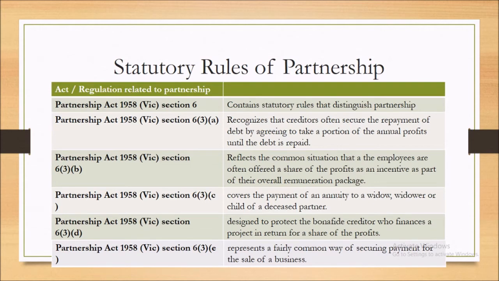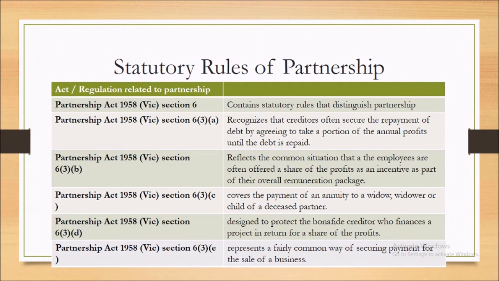So in that case, whatever proportions they have agreed in the partnership contract, they have to follow it until the debt is repaid, even though they have earned more profits. They have to keep providing that proportion for debt repayment in their partnership to pay over the liabilities to their creditors. That is governed by Section 6(3)(a).